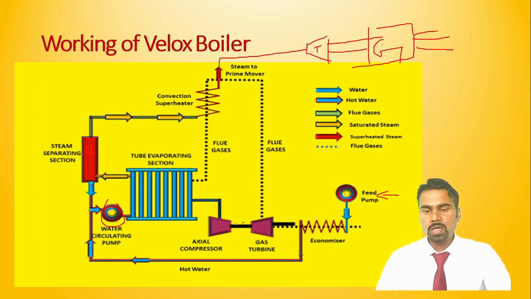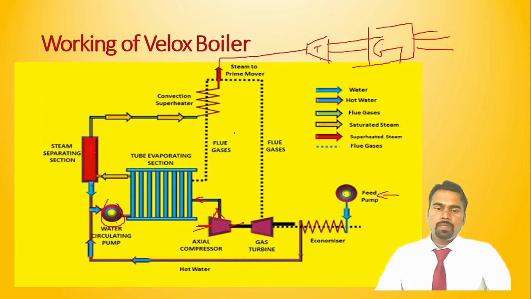And here it is a common shaft, and because of this common shaft, the compressor compresses the atmospheric air, and this compressed air we utilize for combustion purposes. Now, what does its working principle say: if the high velocity burned gases flow over the tubes, then there will be a high heat transfer rate. So the same function is carried out by using this high velocity air.